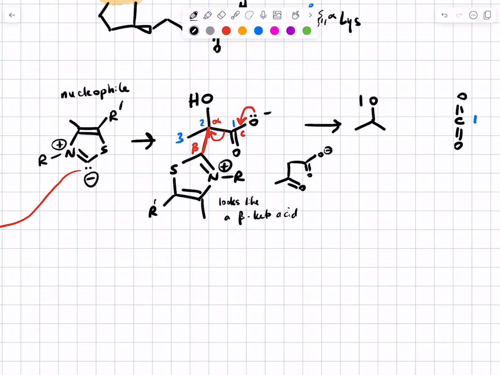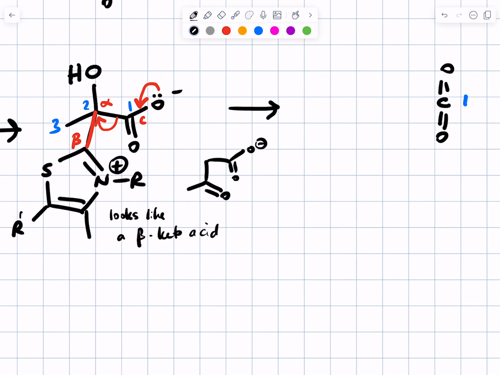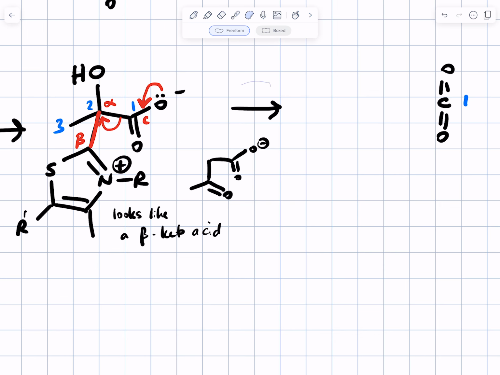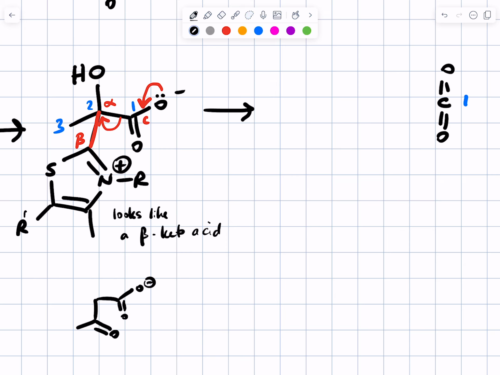I'm going to draw what's left here. Sort of running out of space. That's carbon 2 and carbon 3. Lone pair is on carbon 2. And then over here, you've got the atoms from TPP.